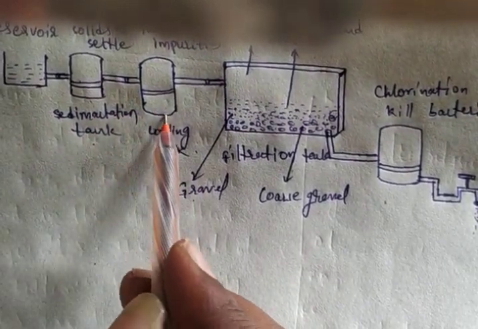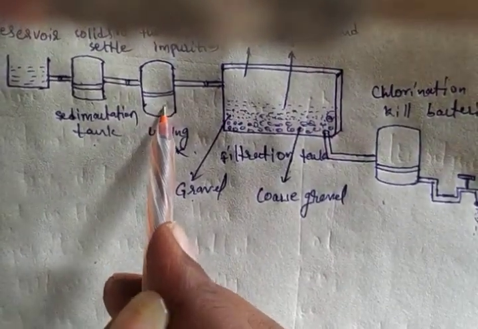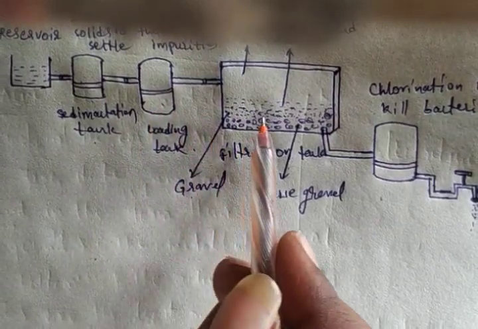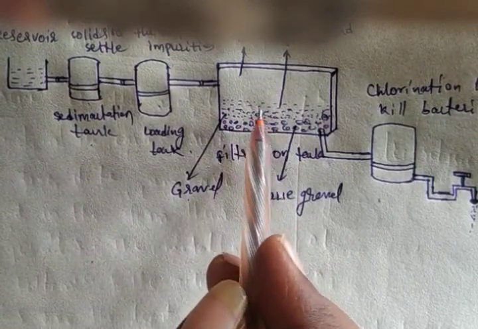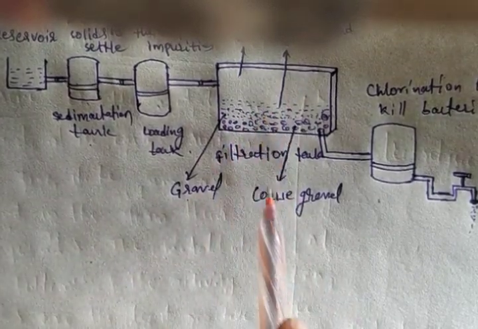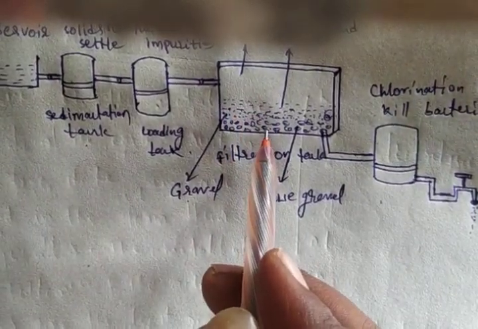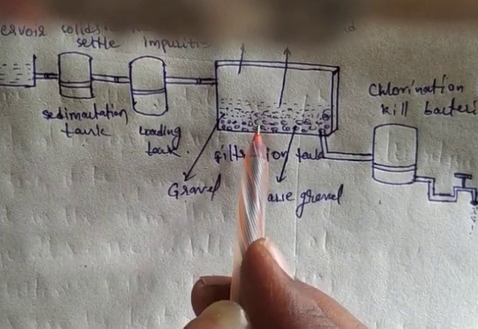After that, this water is allowed to the loading tank. What is the use of this loading tank? To sediment the suspended impurities. After that, the water is allowed into the filtration tank, where we take fine sand, gravel and coarse gravel. Any small impurities are filtered by this filtration tank.